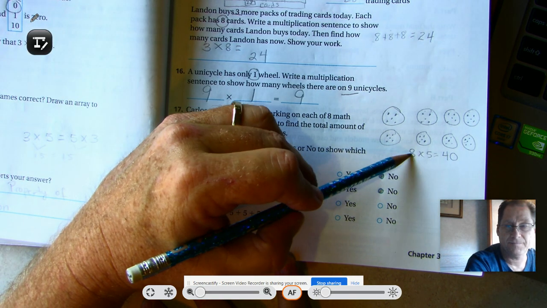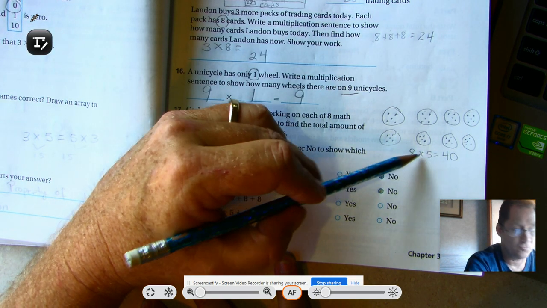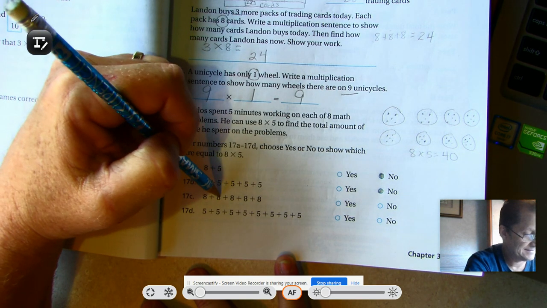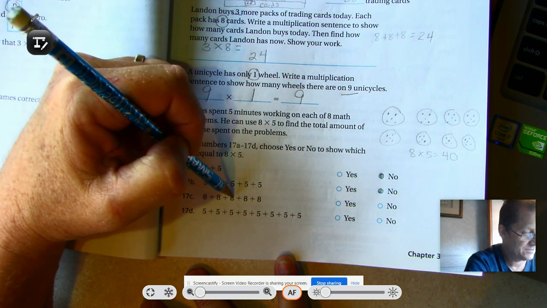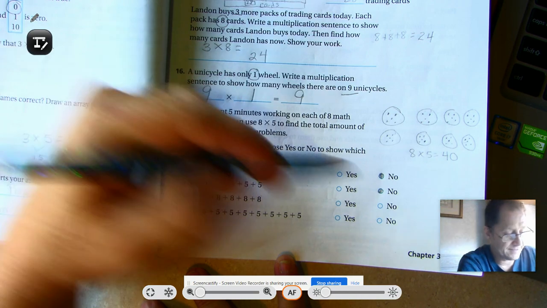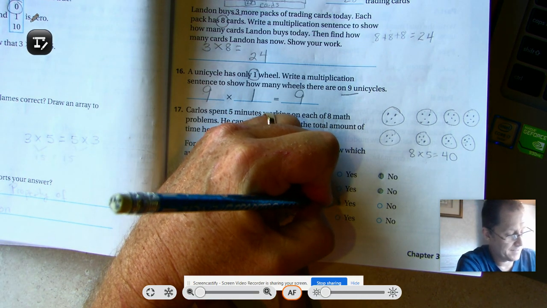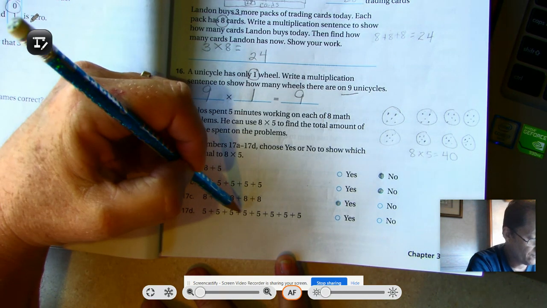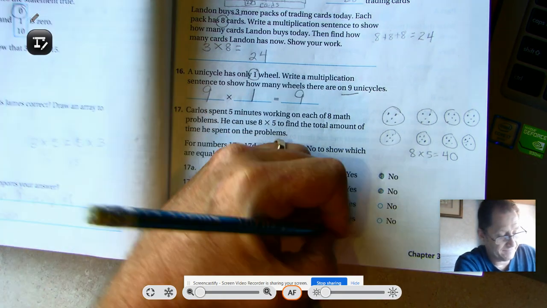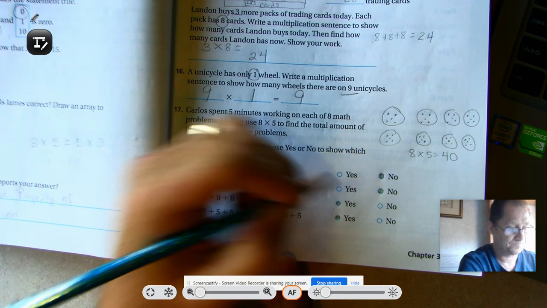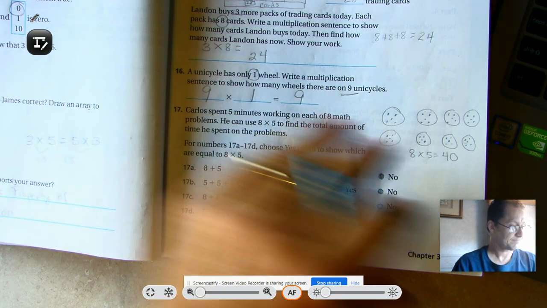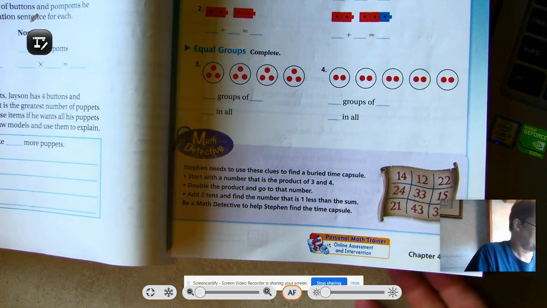Isn't that the same as this in different order? Let's see. 8, 16, 24, 32, 40. So yes, that works. 1, 2, 3, 4, 5, 6, 7, 8 fives. Yes, that's good.